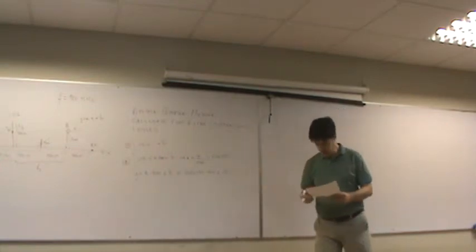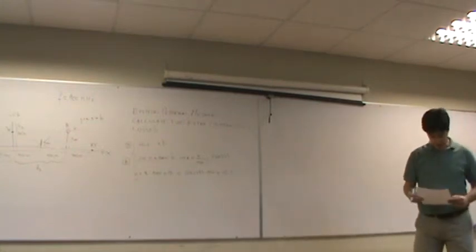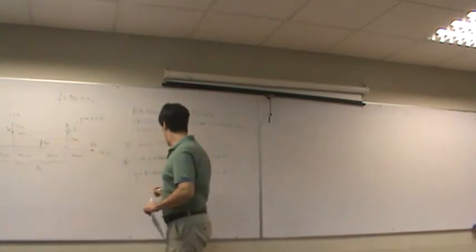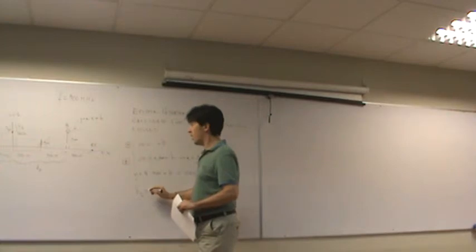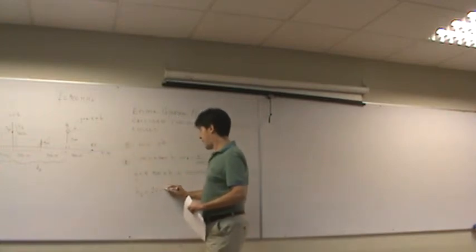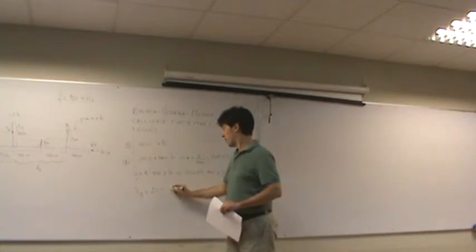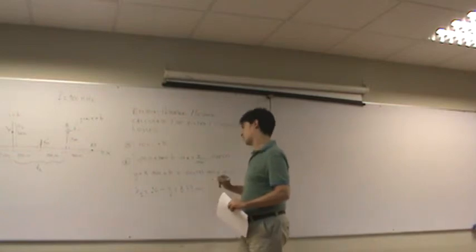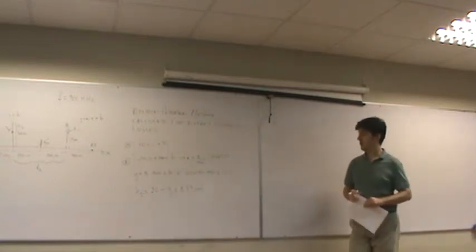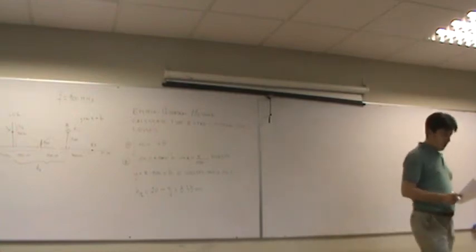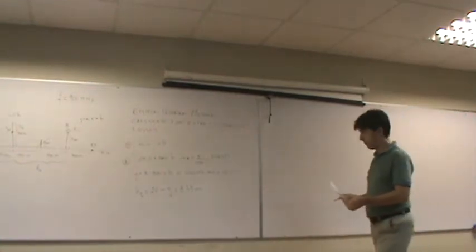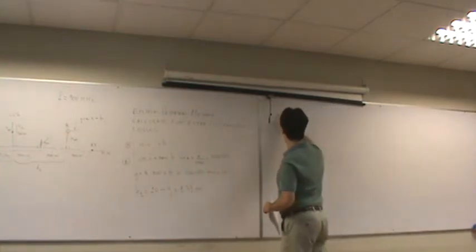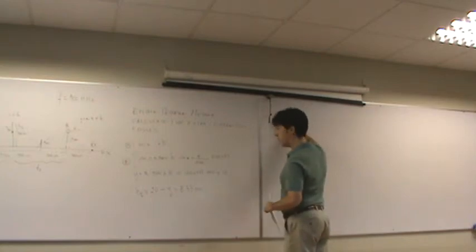So if you calculate that, you make me a pleasure. H1 is going to be 20 minus this value here. And I know this difference is 8.33 meters. So that's the height of the obstacle.